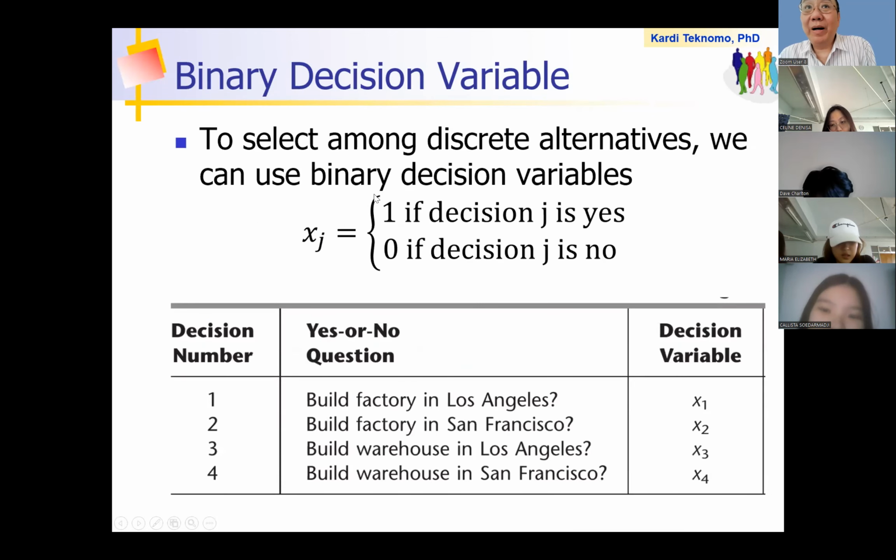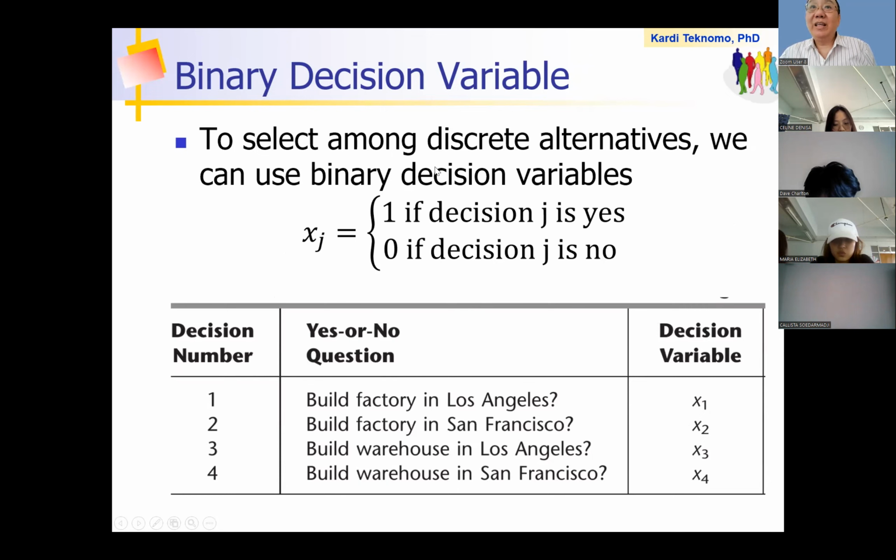So when you have a decision variable, for example here, whether you will build the factory in Los Angeles, yes or no, then put this as X1. Whether you will build a factory in San Francisco, yes or no, you put as X2. Whether you will build a warehouse in Los Angeles, yes or no, so you put X3 and so on.